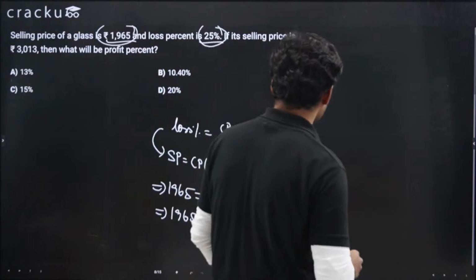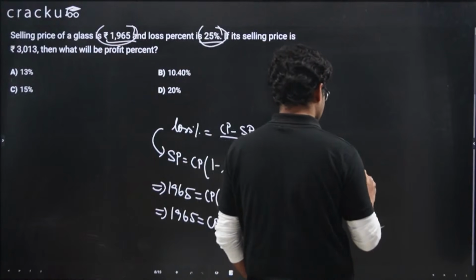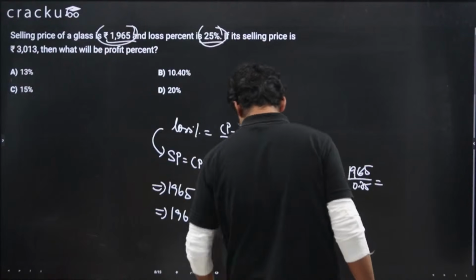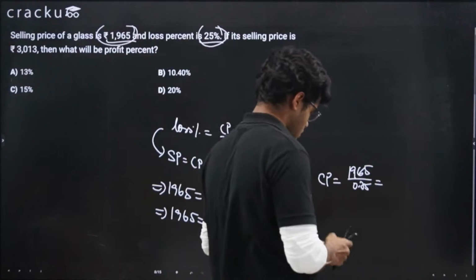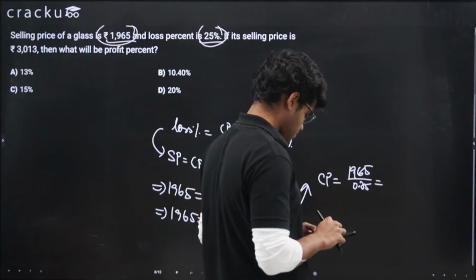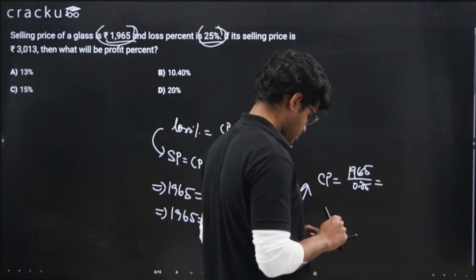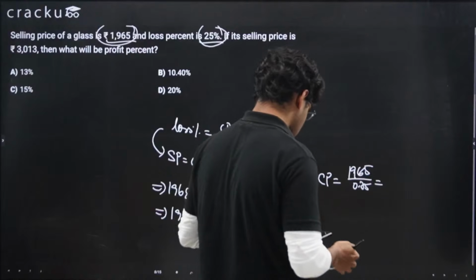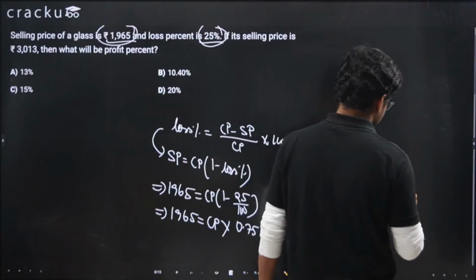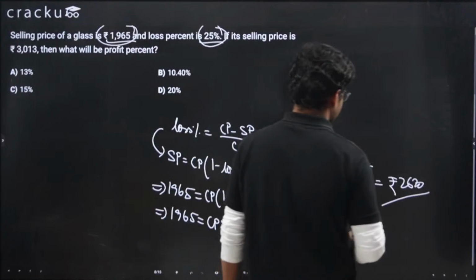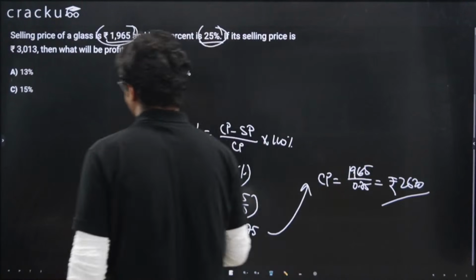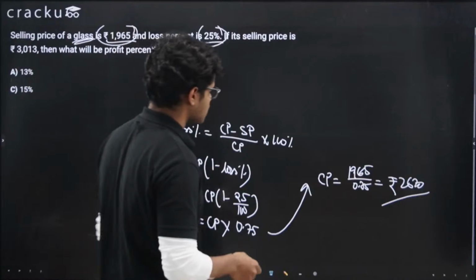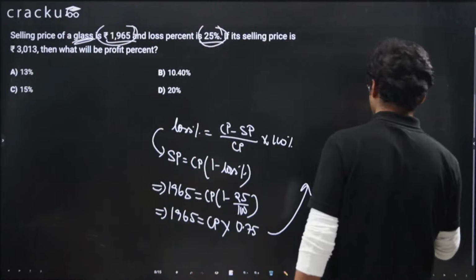So cost price is equal to 1965 divided by 0.75, which equals rupees 2620. Which means the cost price of this glass is rupees 2620, right?